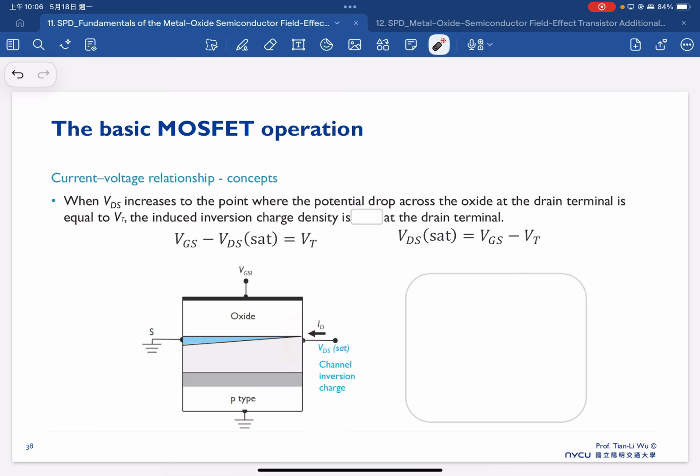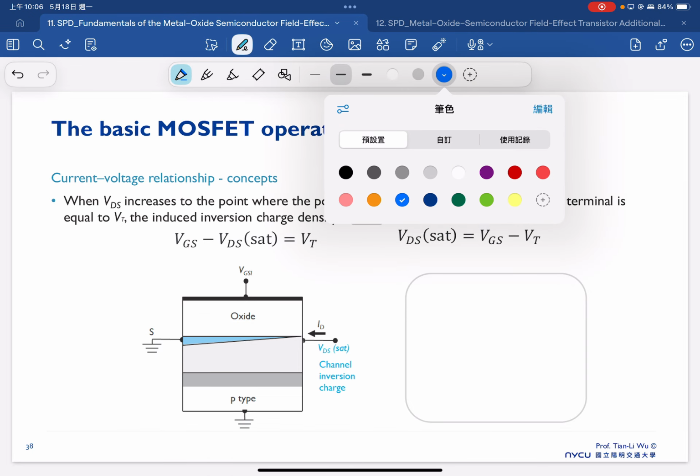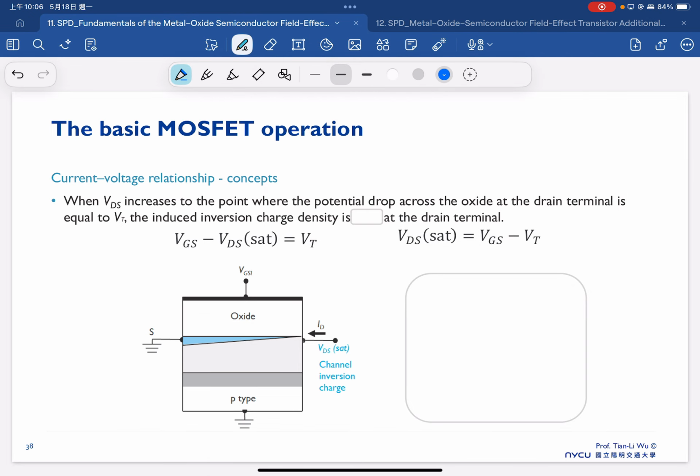Because right now, as I already said, VGS minus VDS, which is equal to VGD here, there's a chance that the induced inversion charge density becomes zero at the drain terminal.